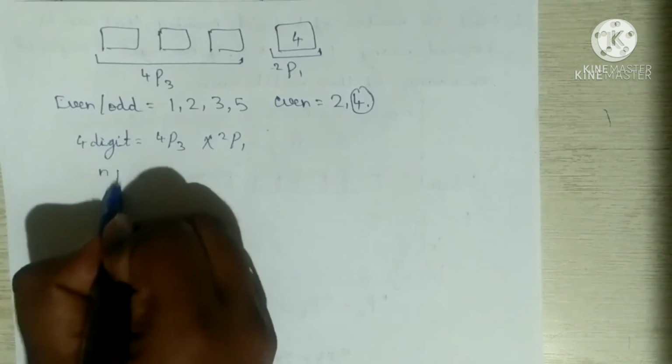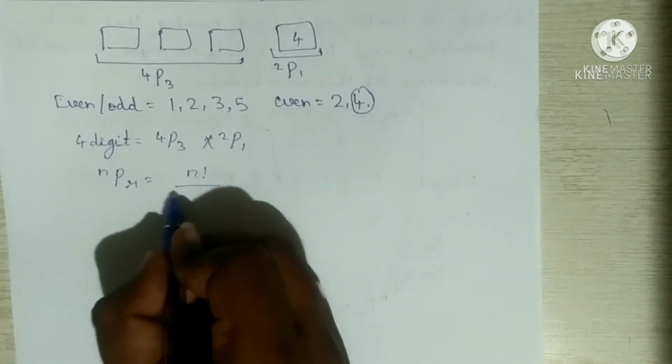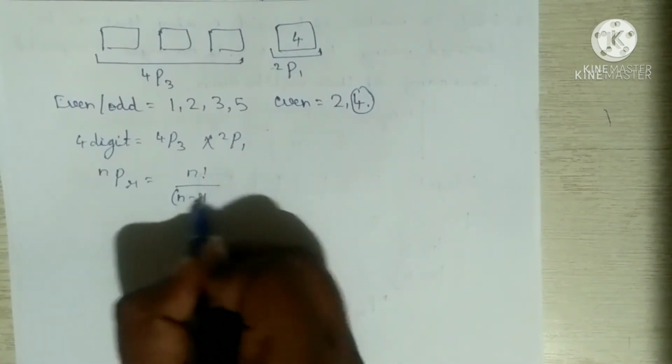Substitute in the permutation formula, nPr is equal to n factorial by (n minus r) factorial, to find the answer.